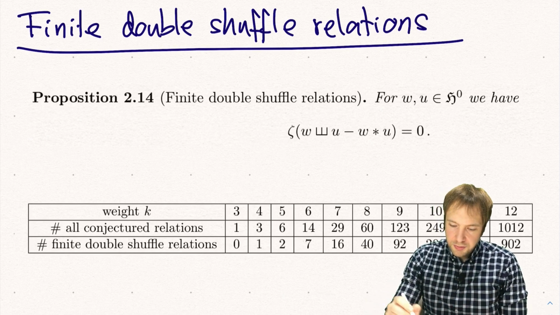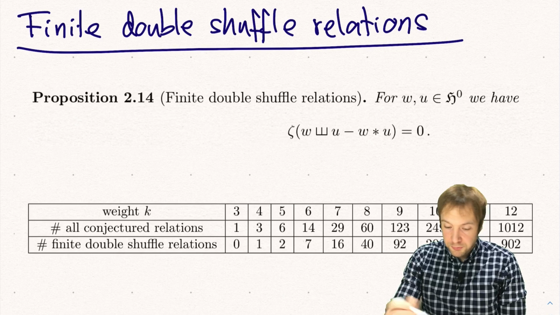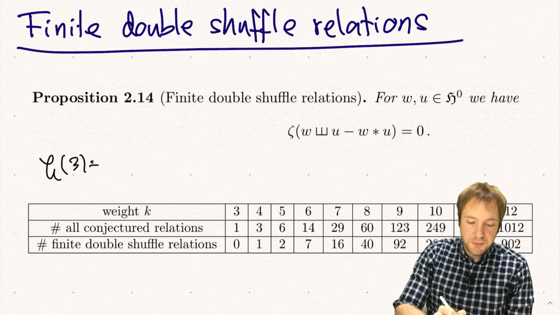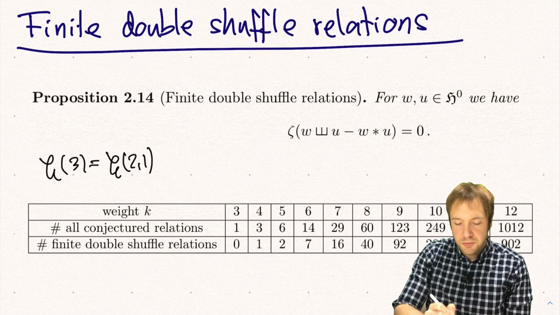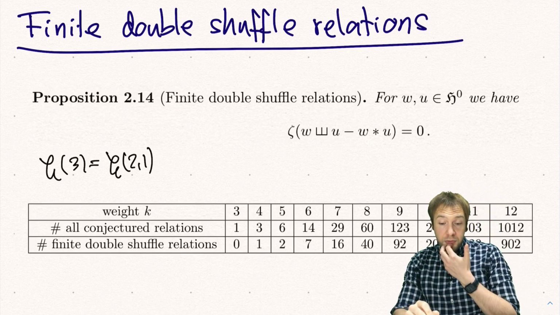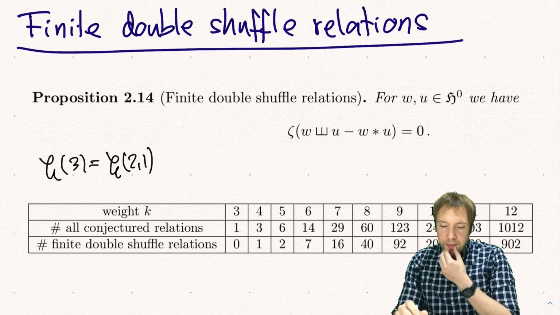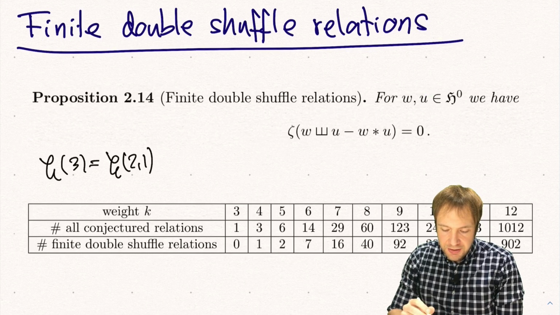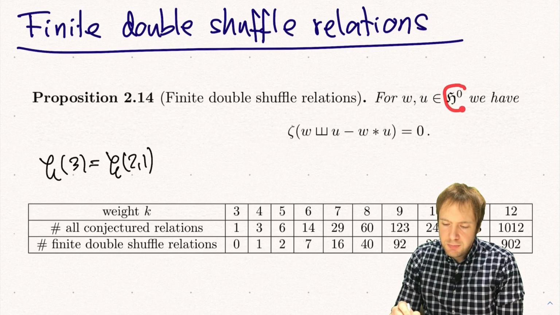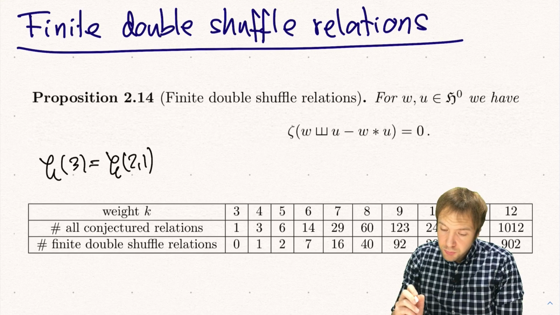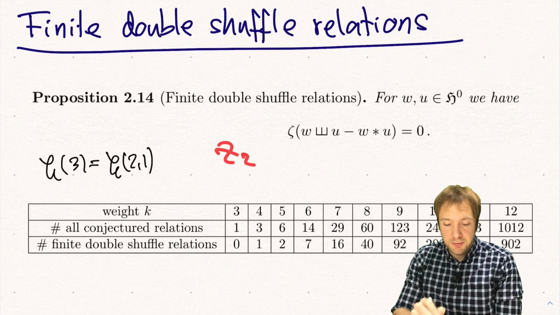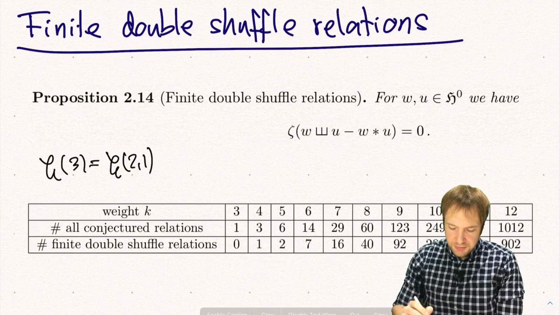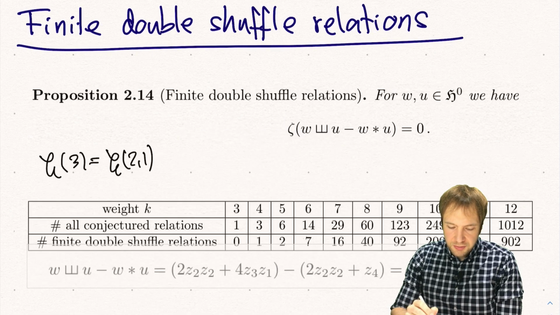And so this gives a linear relation, but this relation, for example, zeta(3) equals zeta(2,1), which we now already proved in two different ways, is not contained in this, because the first relation I can get is in weight 4, because the smallest admissible words start in weight 2, namely the element z2.